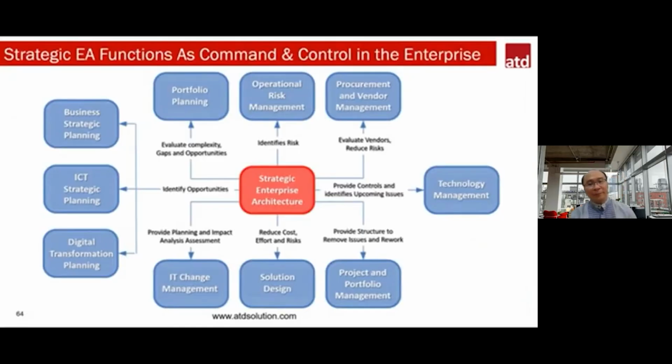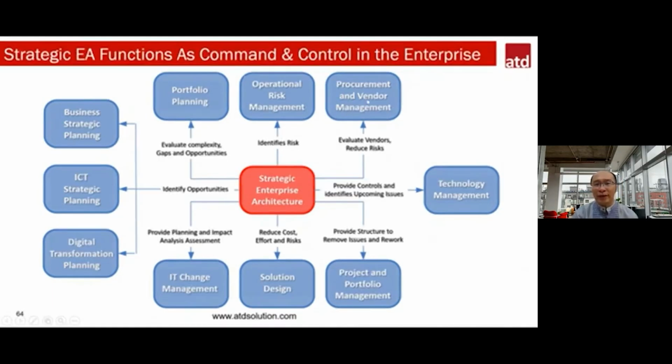Okay, so in summary, strategic enterprise architecture basically helps us to define our strategic planning on the left hand side, where we can develop our business strategy, IT strategy, and drive digital transformation, as well as do portfolio planning and risk management.